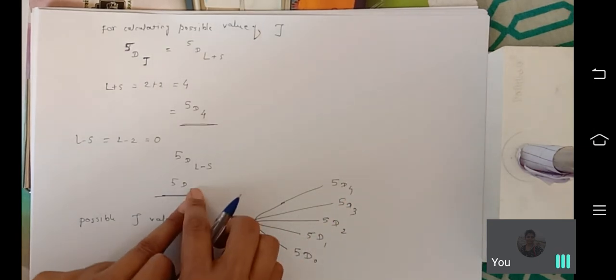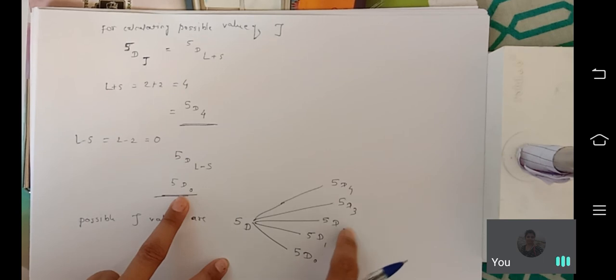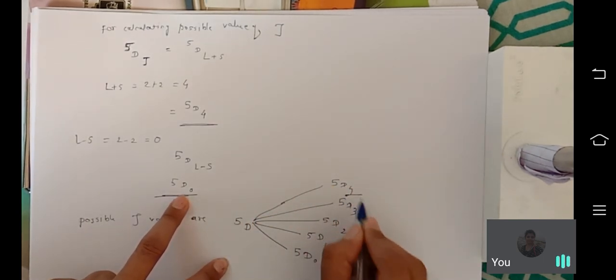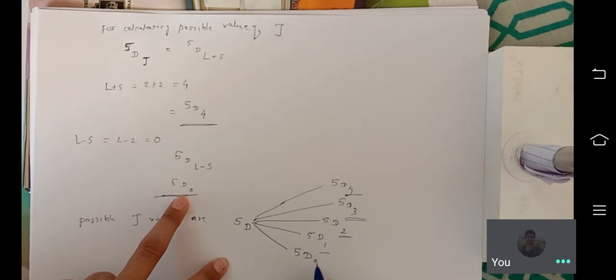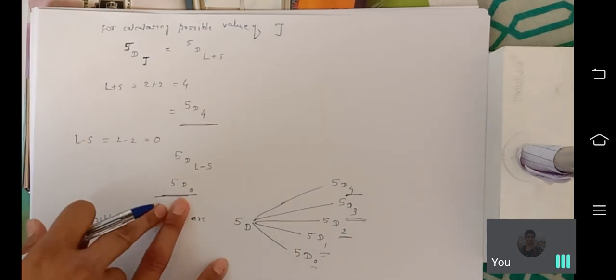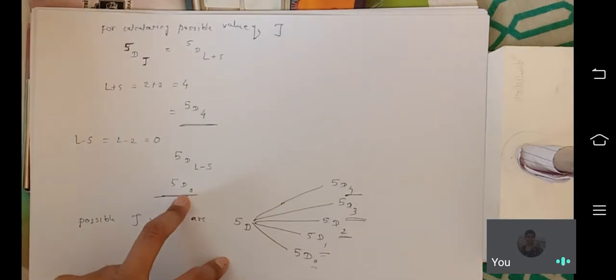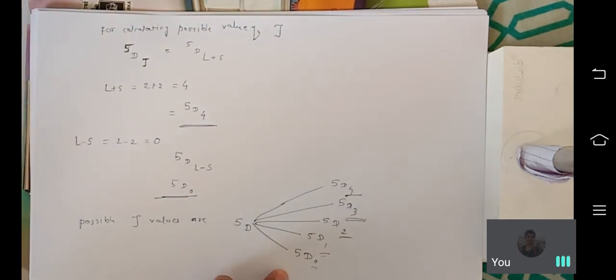That means from 0 to 4: 0, 1, 2, 3, 4. These are the possible J values. There are two possibilities, L minus S and L plus S. Okay, thank you.